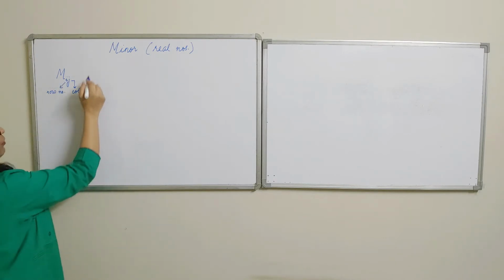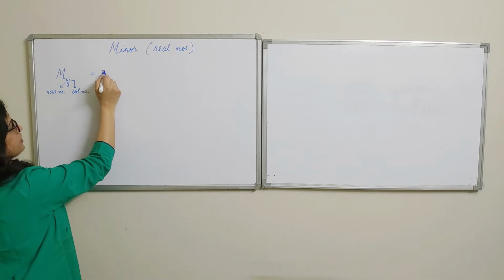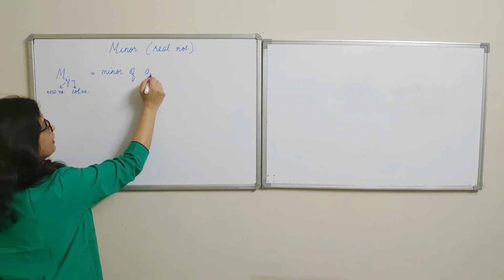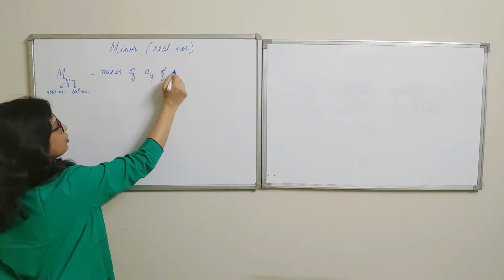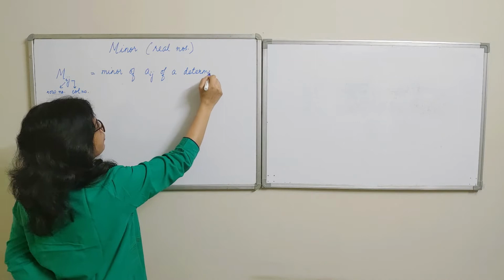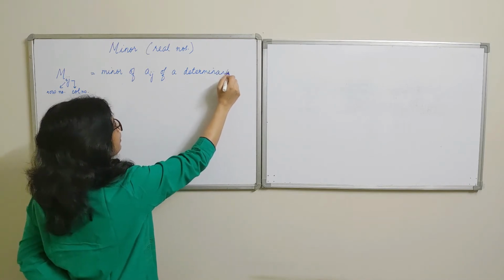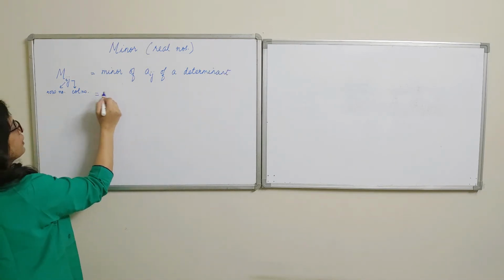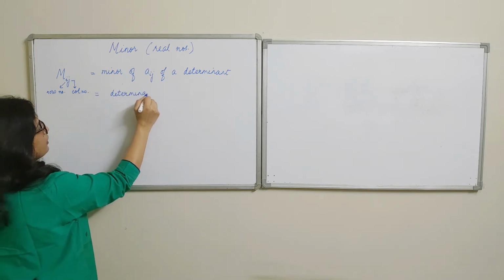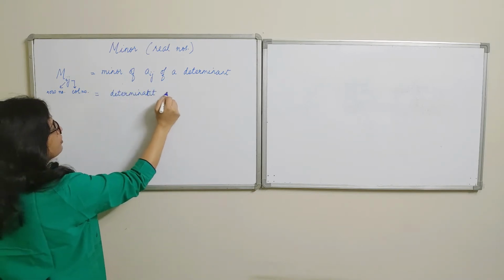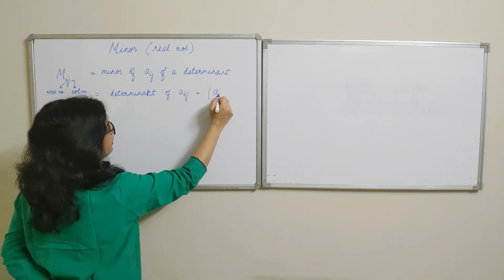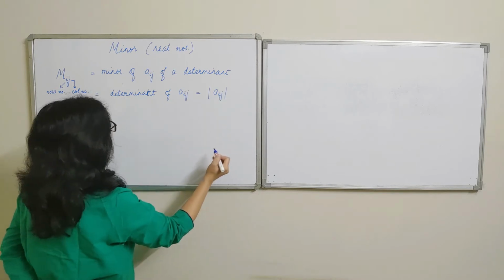So when we write Mij, we mean the minor of the element Aij of a given determinant, and this is actually equal to the determinant of Aij, which is represented like this.